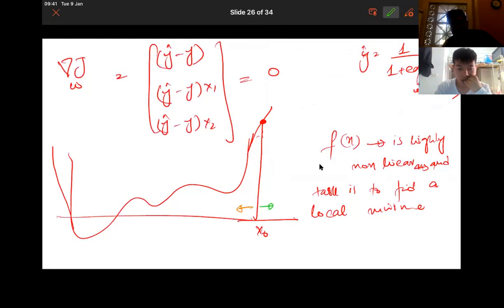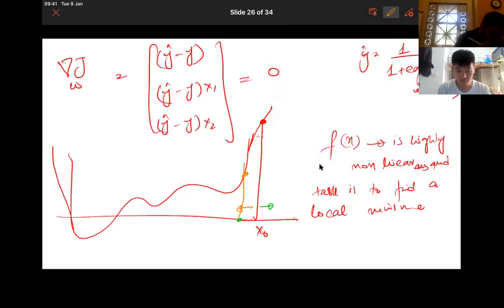In which direction does the value of the function decrease, the orange direction or the green direction? Orange, yes. So you take a step in the orange direction, and the next point will be maybe here.